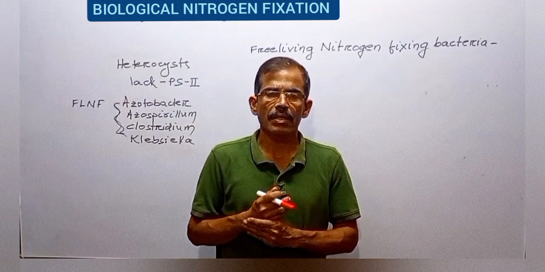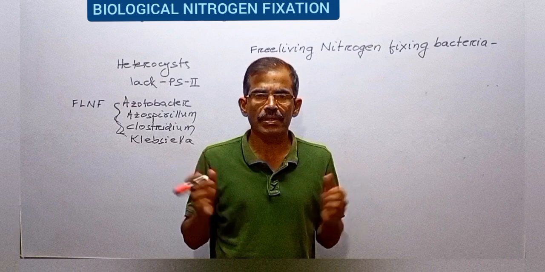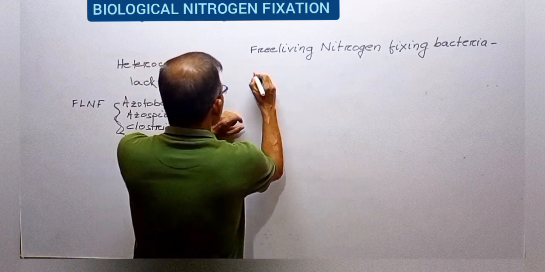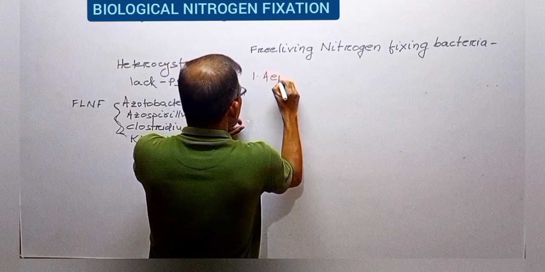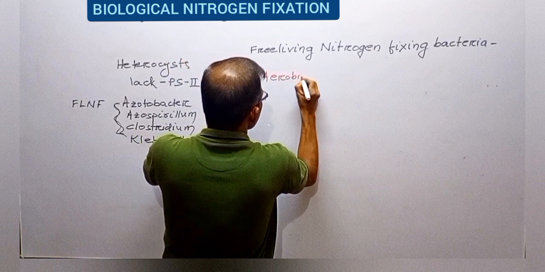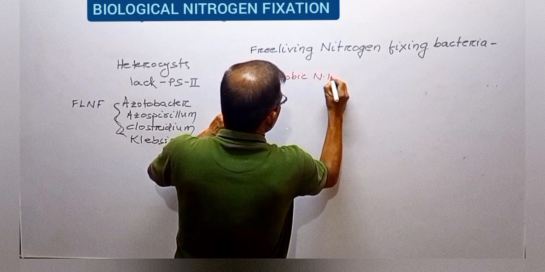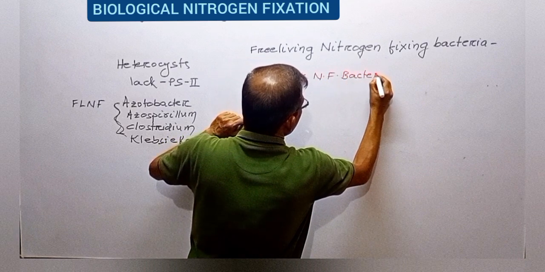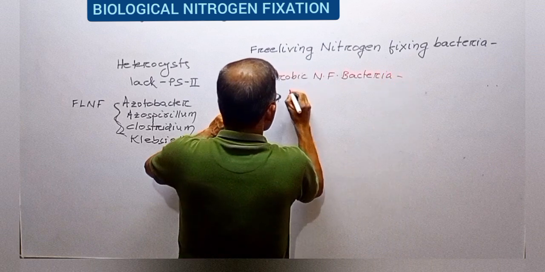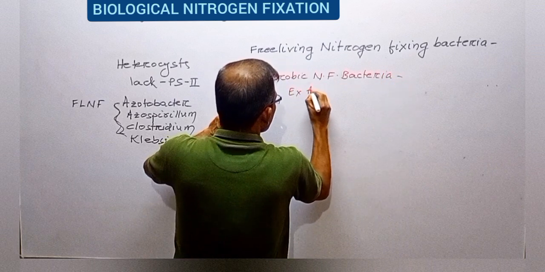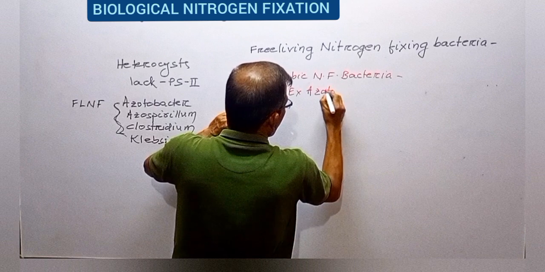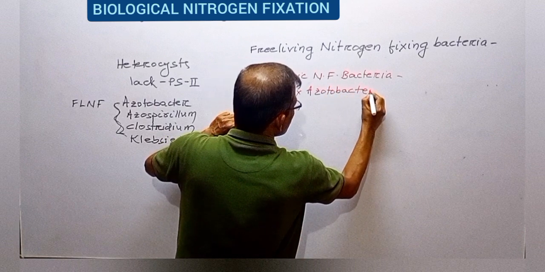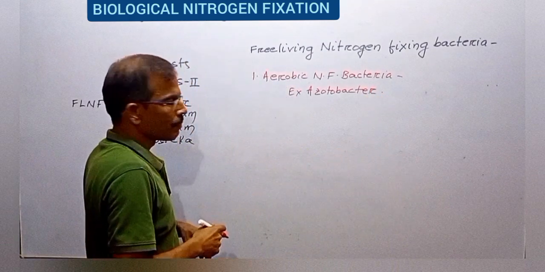Free-living bacteria that are capable of nitrogen fixation are divided into three groups. First one is aerobic nitrogen-fixing bacteria such as Azotobacter, which are thought to maintain a low oxygen concentration through their high respiration.